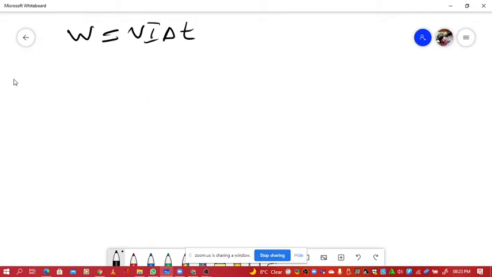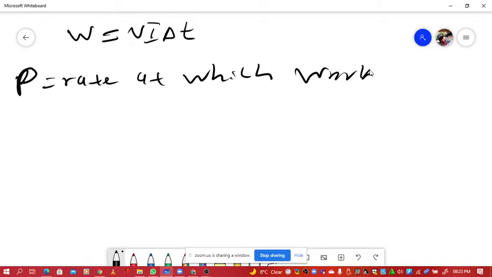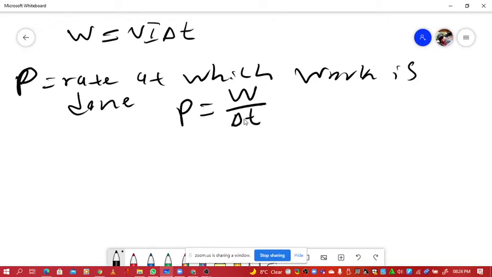You know the definition of power, ne? Power, it's capital letter P. It is the rate at which work is done. So even in mechanics it's the same thing. So that means power is equals to work divided by delta T, because it's the rate at which work is done.